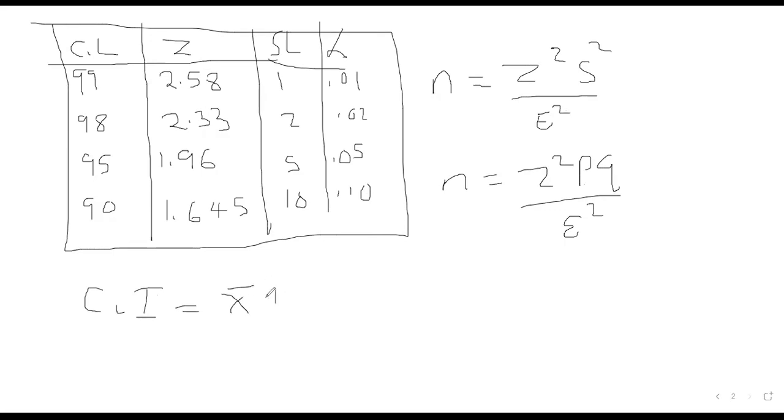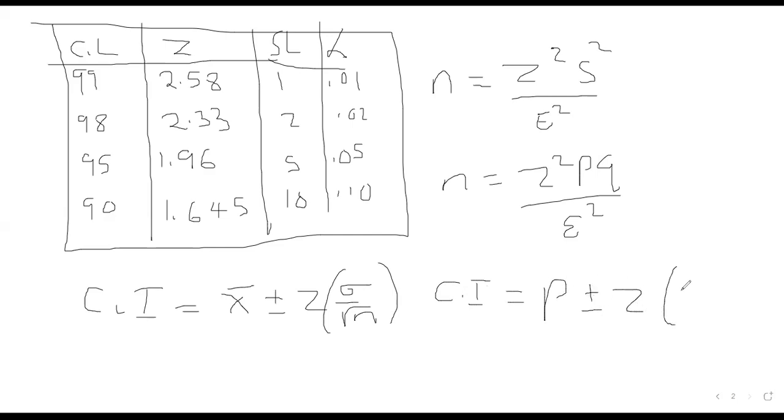For the mean, here we have Z over the square root of N. Then here we have confidence interval is equal to proportion plus minus Z times the square root of PQ over N. We know that when P is 10%, the remainder is Q. So this formula is being given.